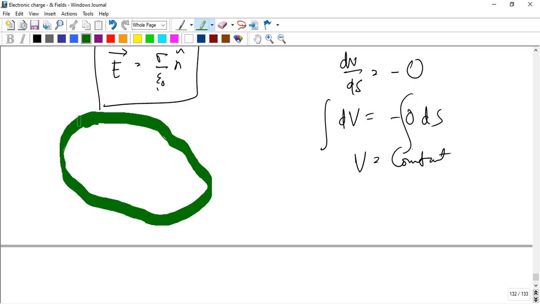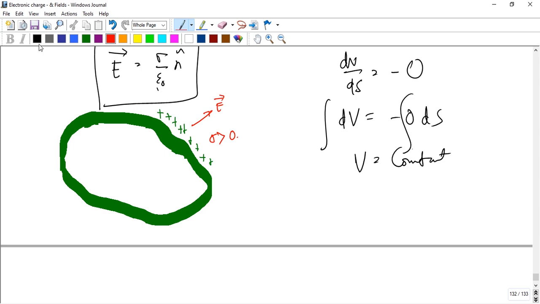Now we say that there is a positive charge on that side of the conductor, so the electric field is in that direction, and sigma is greater than 0.